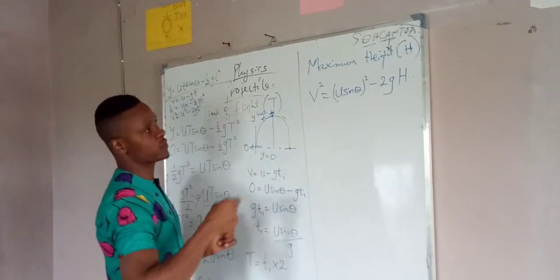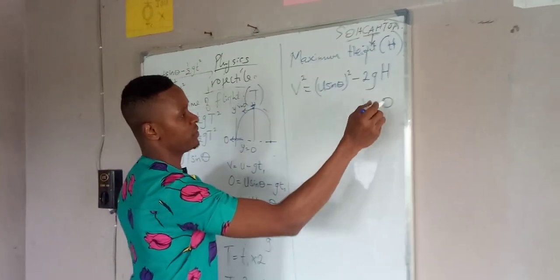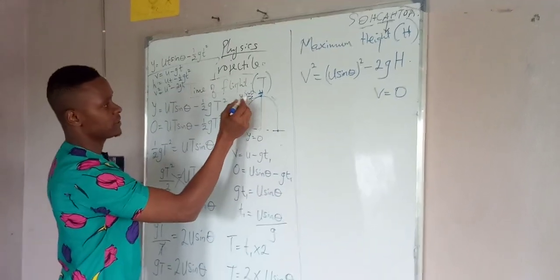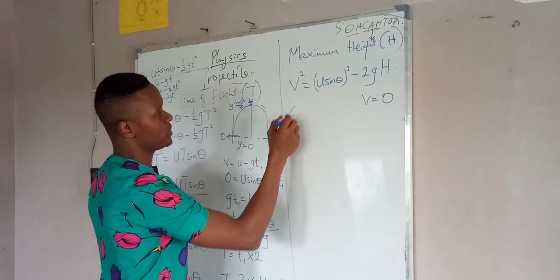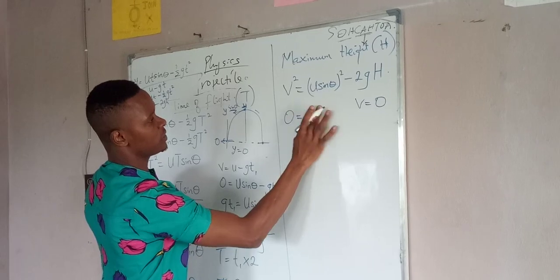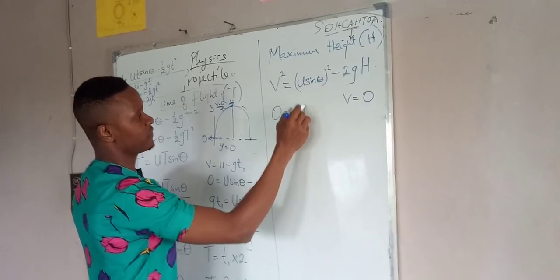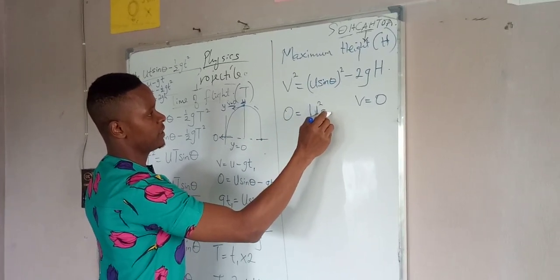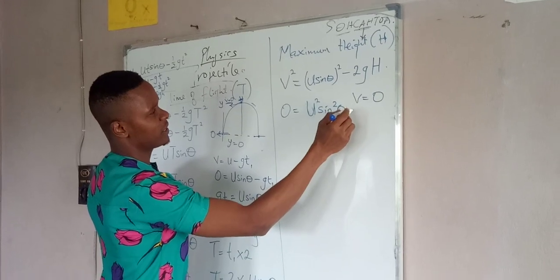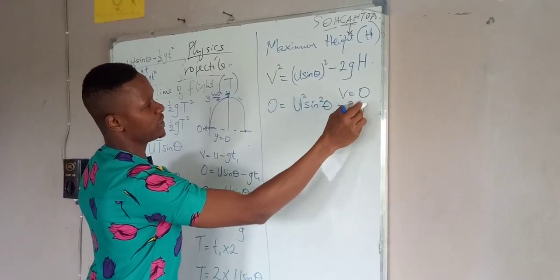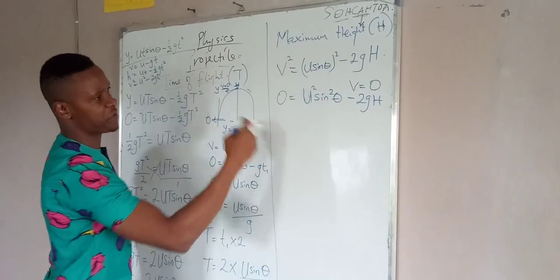And at that point, we know that V is 0 at maximum height. So it becomes 0 equal to, if we open this bracket, U squared sine squared theta minus 2GH. Let's move everything over to this side.